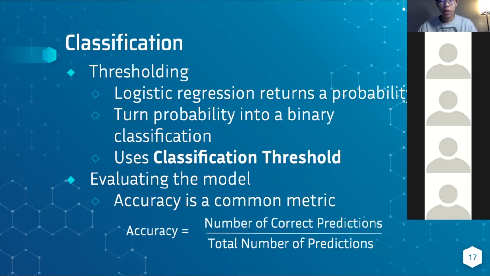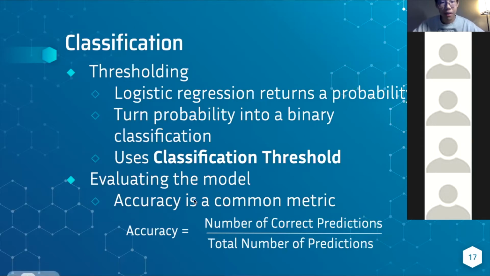So for example, if my model generates the percentage 0.67, that would mean there's a 67% chance that this person has cancer. Then we turn that value into either yes, he has cancer, or no, he doesn't have cancer. So that's basically what classification is.